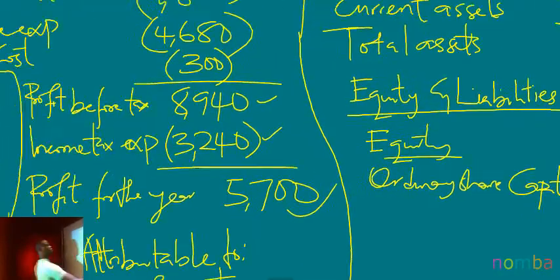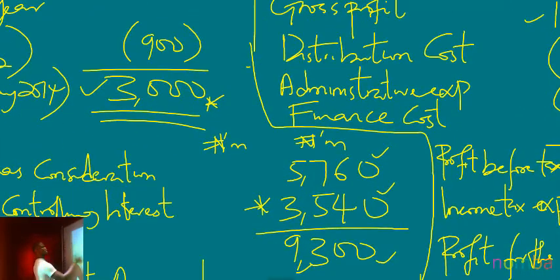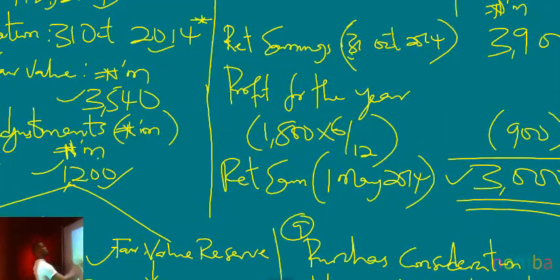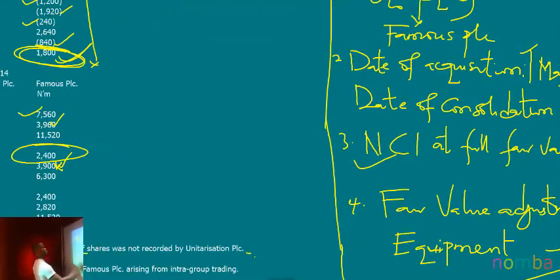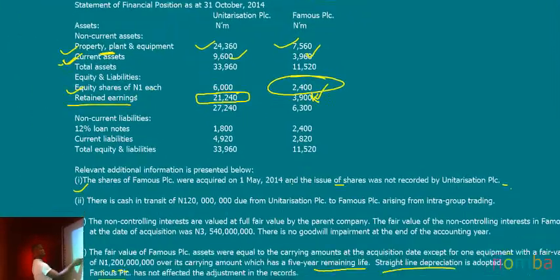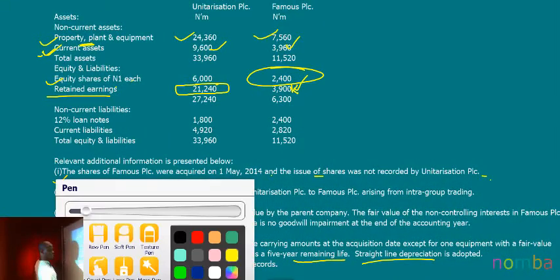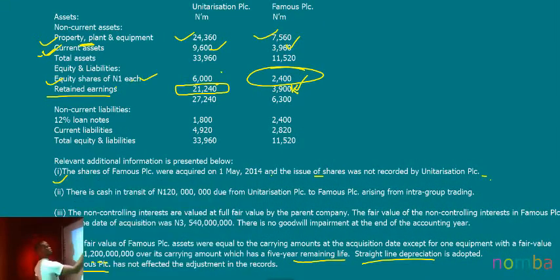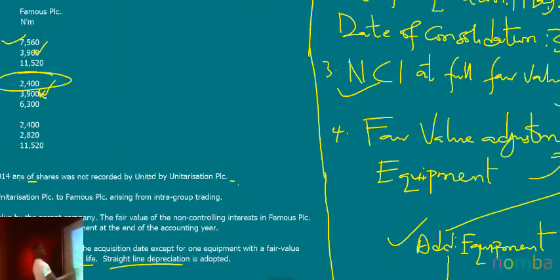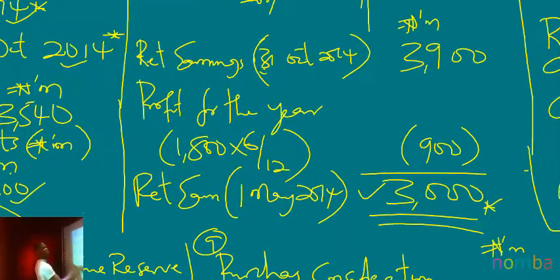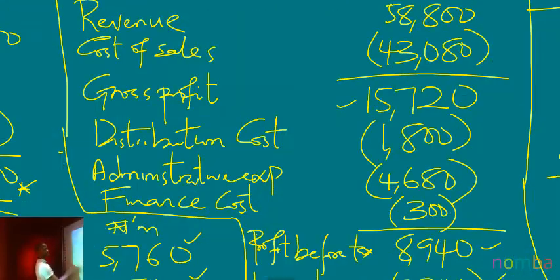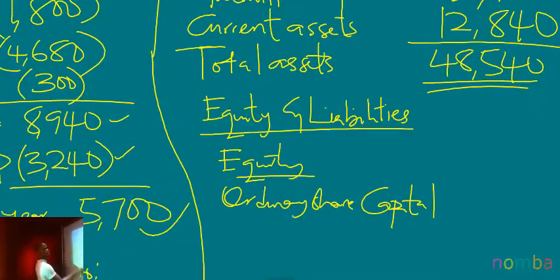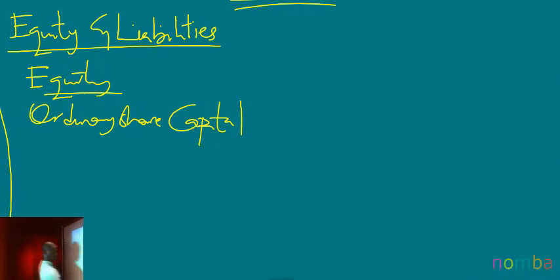So let's go to the question and determine the ordinary share capital of the parent company. As given in the question, the ordinary share capital of the parent was this 6,000. So let's transfer it straight on without wasting any time. Transfer this 6,000 as the ordinary share capital of the parent company.